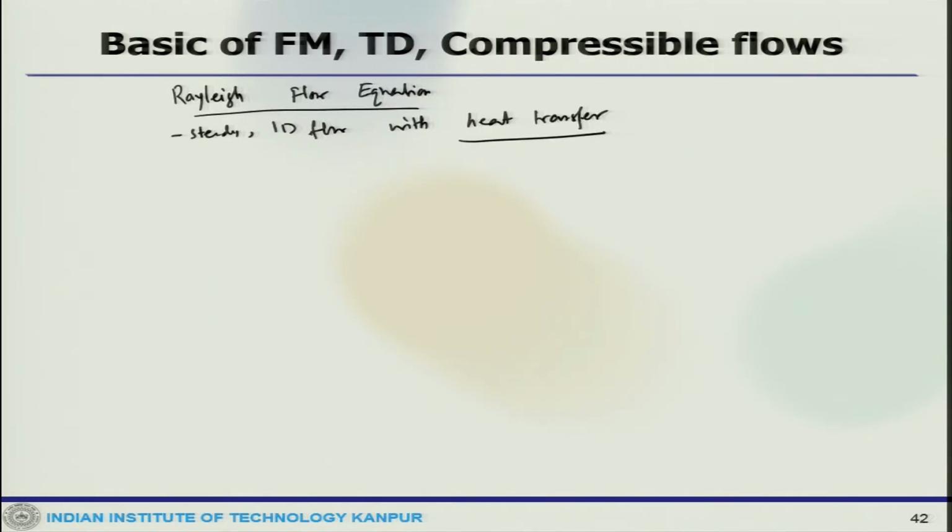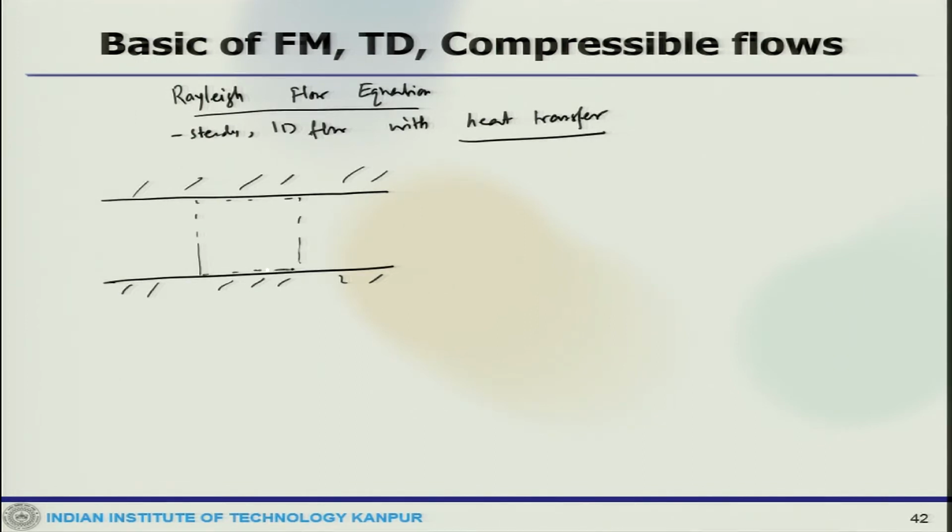Now, let us put a schematic to see how we can analyze this. Let us say this is a one dimensional flow, and we take a control volume between these two, which is station 1 and station 2. This is upstream, so we have P1, rho 1, U1, H1, and downstream P2, rho 2, U2, H2, and we can have Q12.